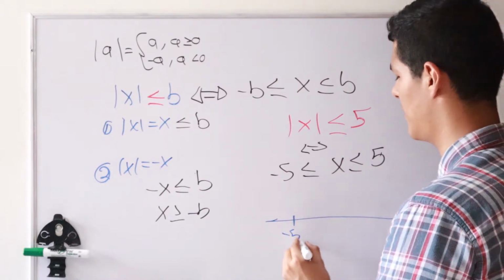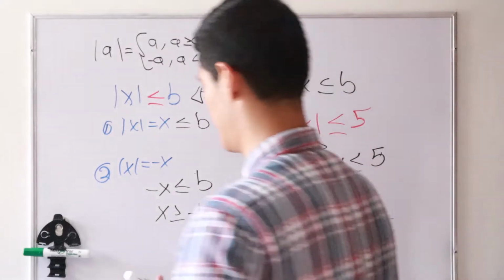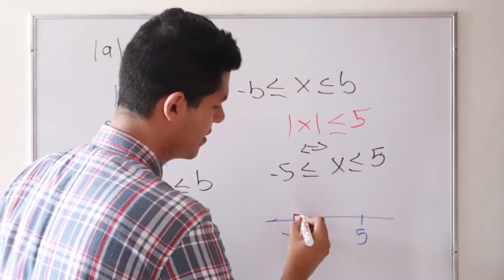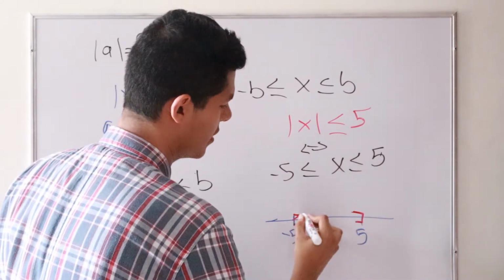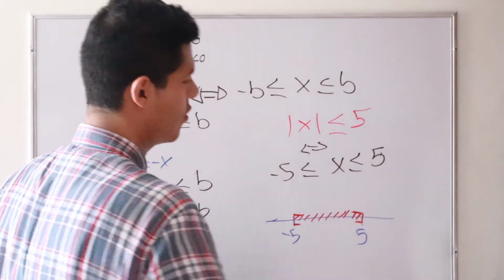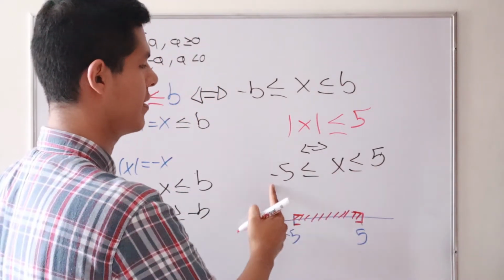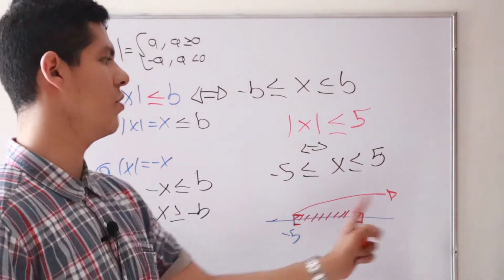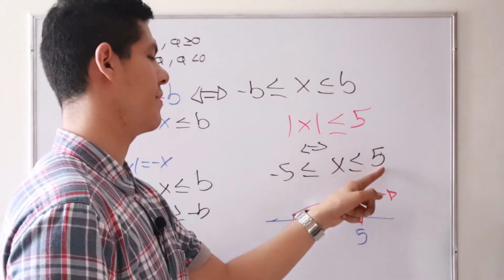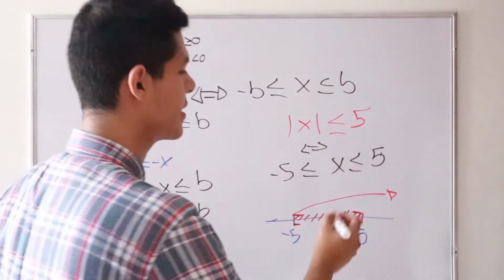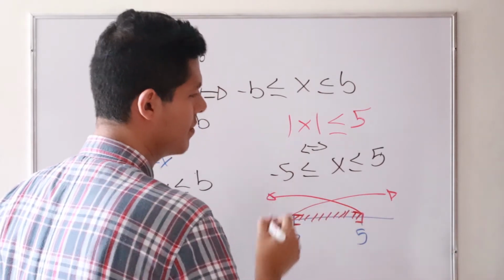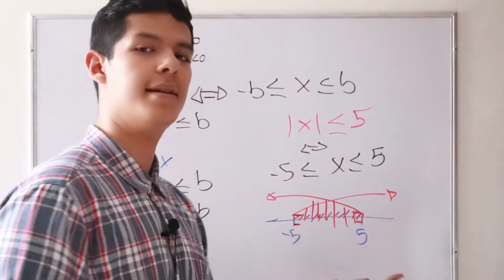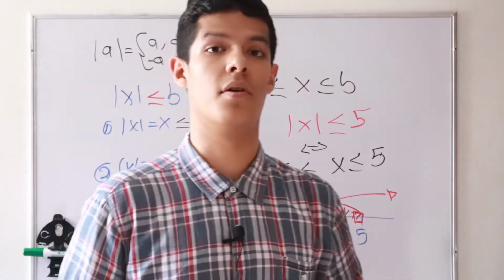We have minus 5 and 5, and the possibilities of X are these, because X is greater than minus 5, so it is all these solutions, but also 5 is greater than X, so all these possibilities. So it's an intersection. That's why these are the possibilities for X.